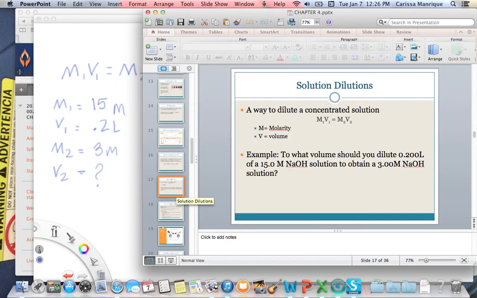I would say the hardest part, I think, with any sort of mathematical based science, physics, chemistry, biology, is trying to figure out what type of problem you're dealing with. Is it a dilution? Is it a liter to liter? Is it a gram to gram? What is it? Once you figure that out, then it's not too hard, because once you know it's a liter to liter, you're like, oh, okay, I know how to set it up. I know to go to liters to moles to moles to liters. Or if it's a dilution, I know to use the M1V1 equals M2V2.